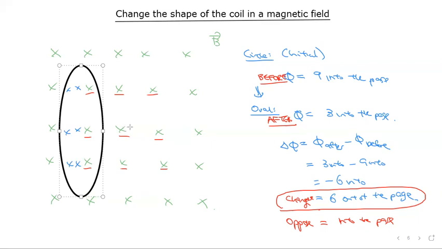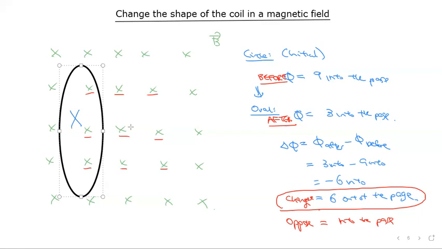So for them to try and get back, how do you make into the page? Well, if you want to try and make into the page, this is where your right-hand grip rule comes in. To make your right-hand grip rule into the page, thumb into the page, your fingers will wrap around.